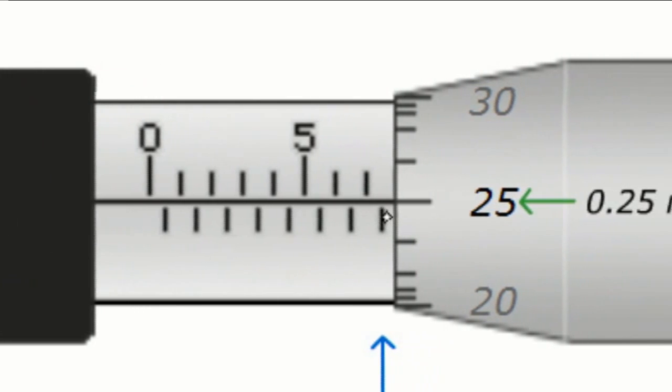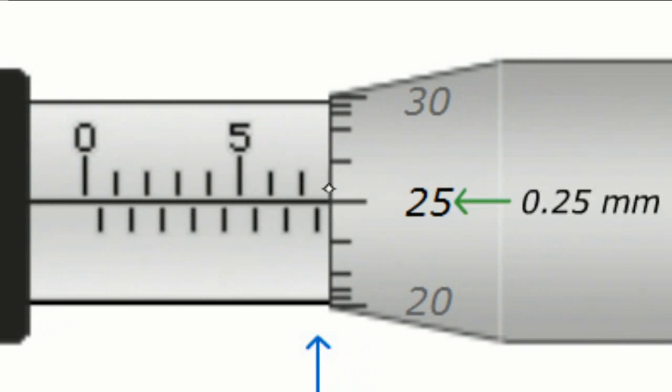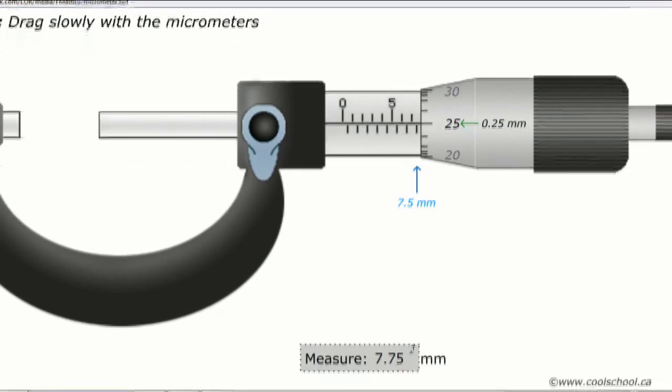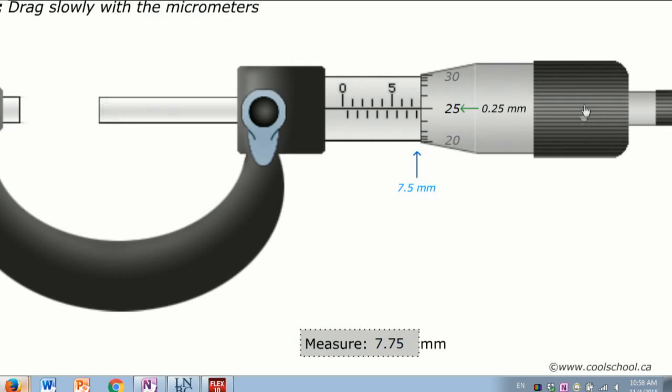So if we were to total this, we get 5.5, 6, 6.5, 7, 7.5, plus another 0.25, because it's telling us this is 0.25 millimeters. So we have 7.5 plus another 0.25, so this should be 7.75. And if we look down at the bottom, we zoom out, we see that this in fact is down here at the bottom, 7.75. So the way the micrometer works is you have two scales.